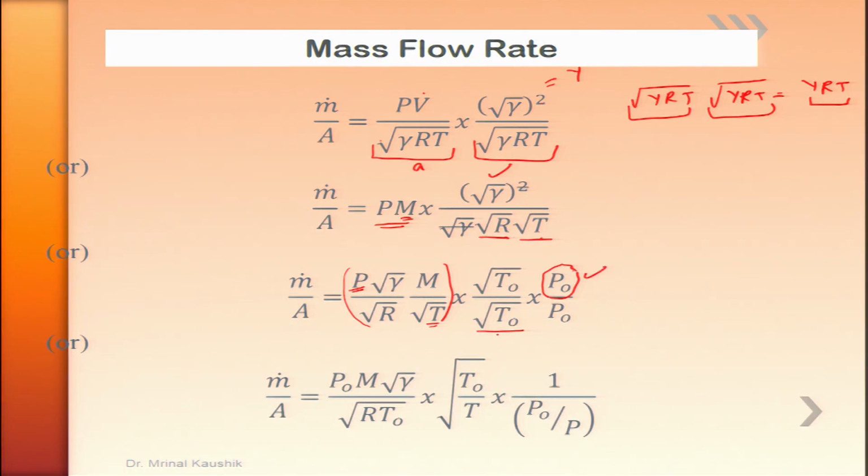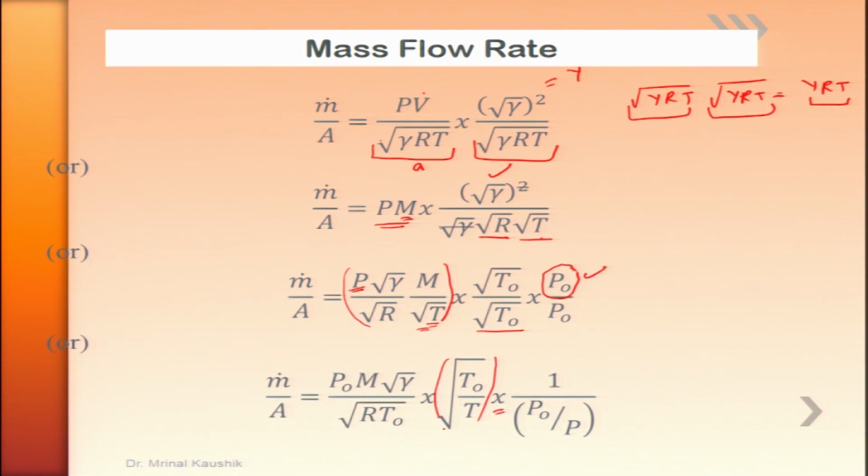That is why rewriting this equation of this form, P naught m square root of gamma divided by square root of RT naught multiplied by square root of T naught divided by this T, and hence gives this expression.